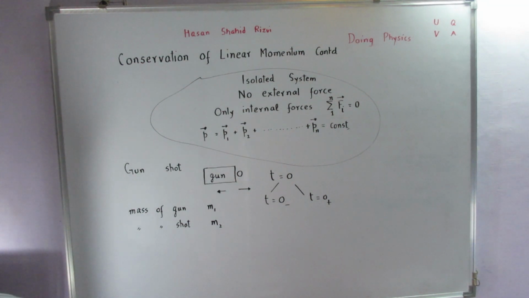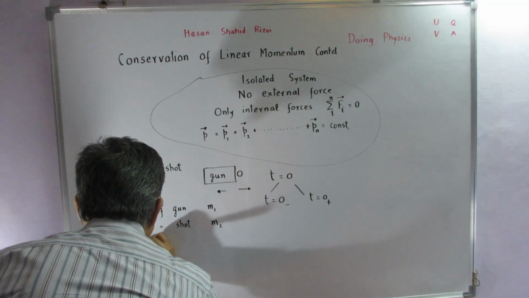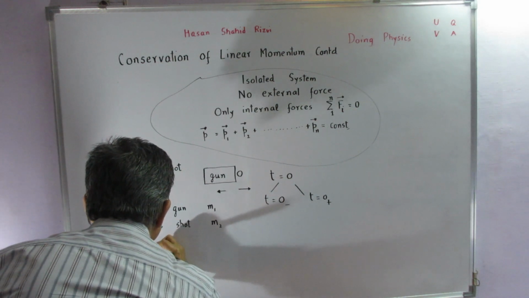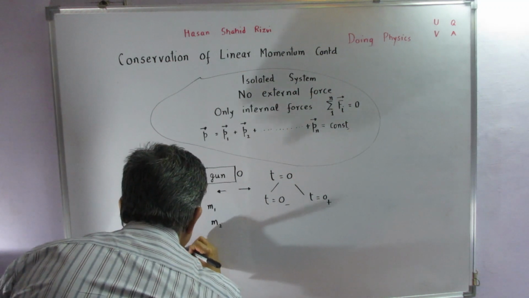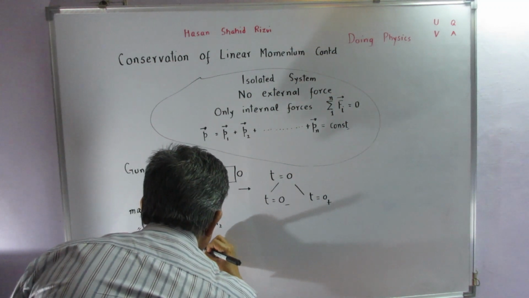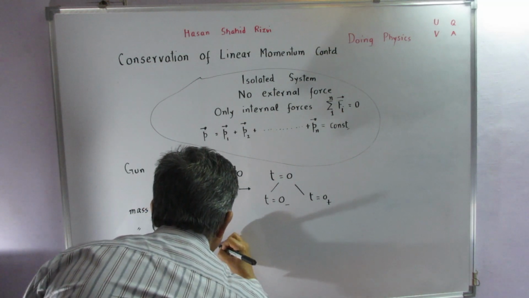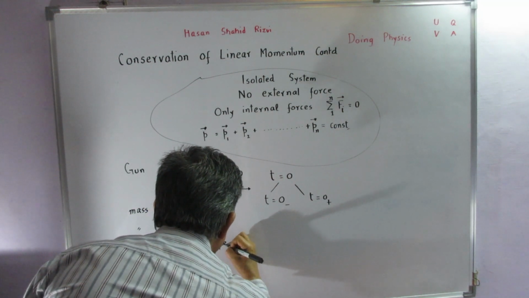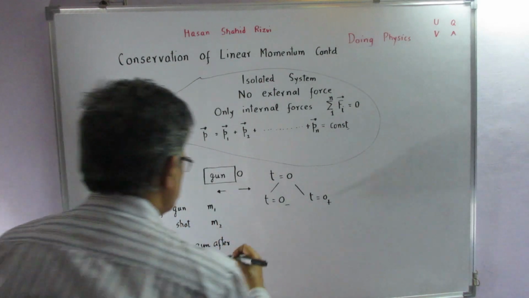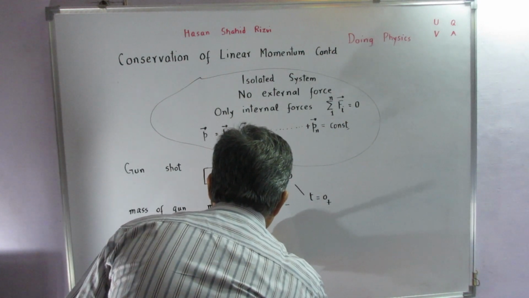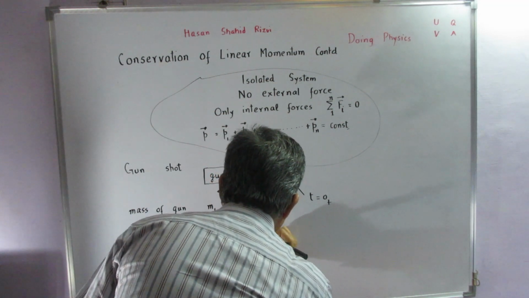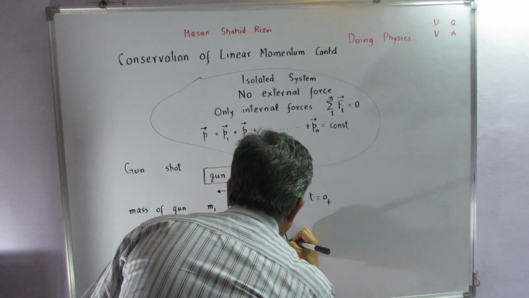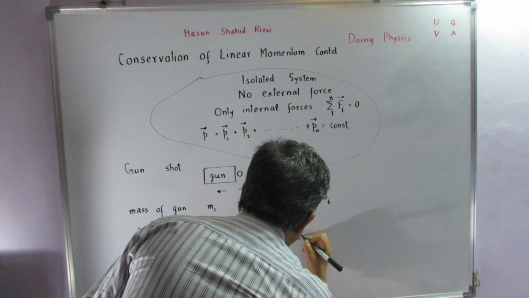Okay. Now let us take the velocity of the gun after shooting, after the event has taken place. Let me call it capital V meters per second.